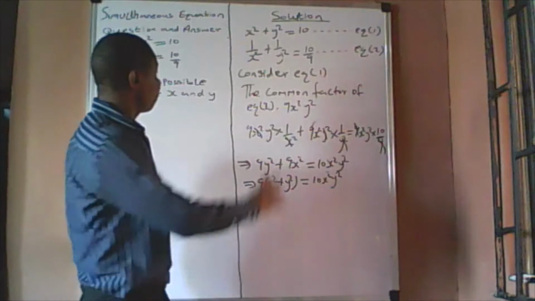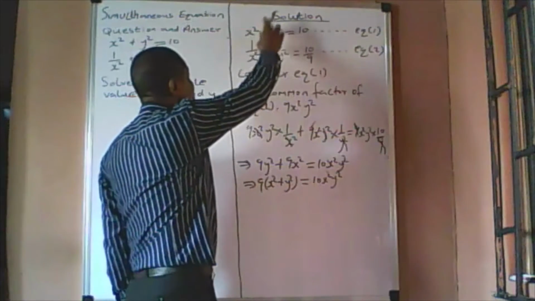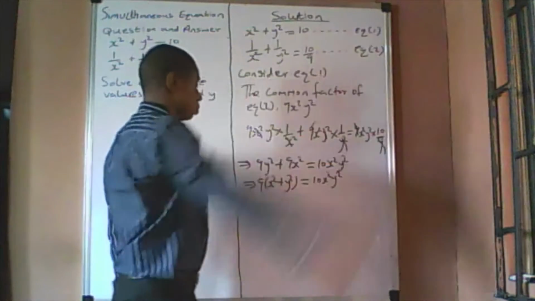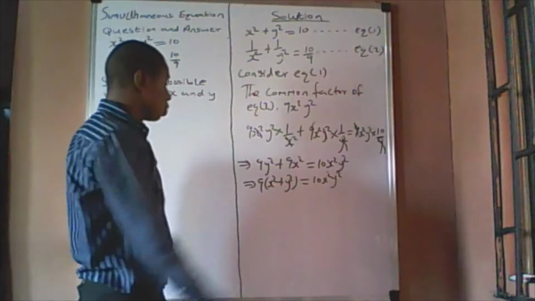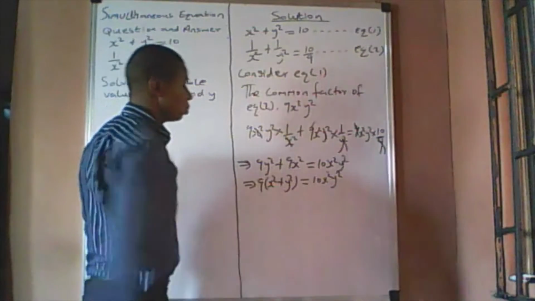Now, we know x squared plus y squared is equal to 10. We are going to substitute it in this equation.